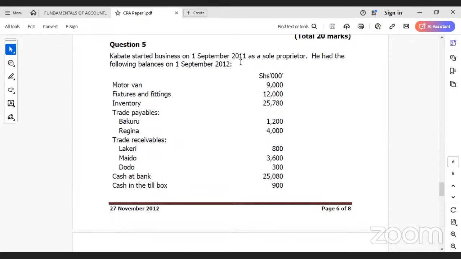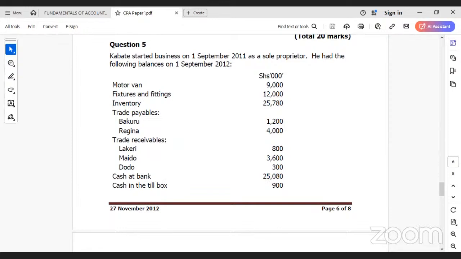The question goes: Kabate started business on 1st September 2011 as a sole proprietor. He had the following balances on 1st September 2012. Motor van, 9,000. Fixtures and fittings, 12,000. Inventory, 25,780.